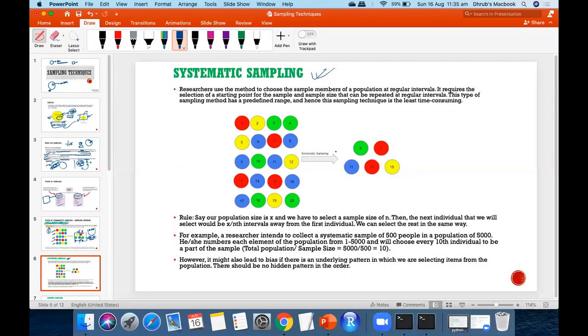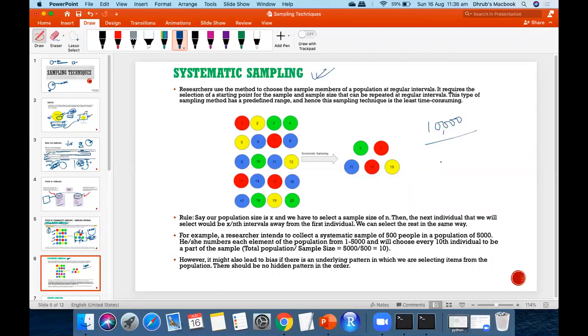For example, say I have a population of 10,000. Whenever I'm going to do the sampling, I know how many data points I want. You understand?